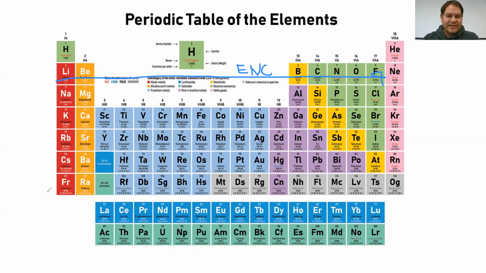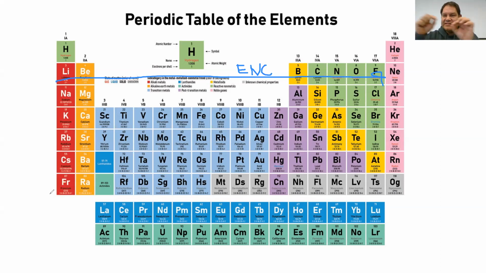Going down, the attraction between the nucleus and the valence shell is not really being determined by the increase in protons, because by increasing the protons, I'm also increasing the shielding effect, and that cancels out. So the real factor here that is determining the attraction between the nucleus, the protons, and the valence shell is the distance.